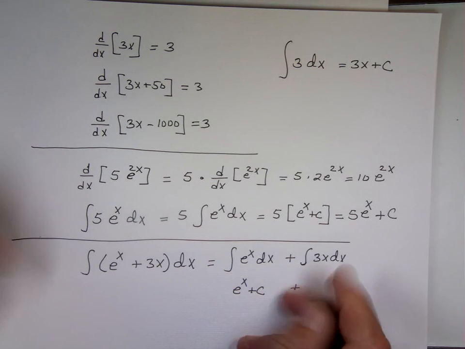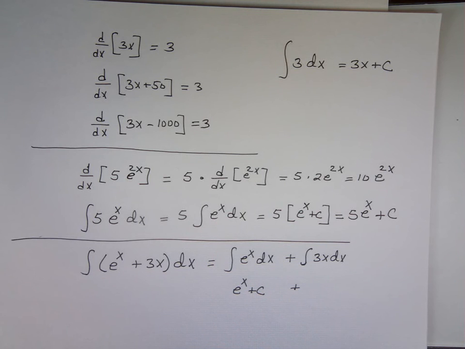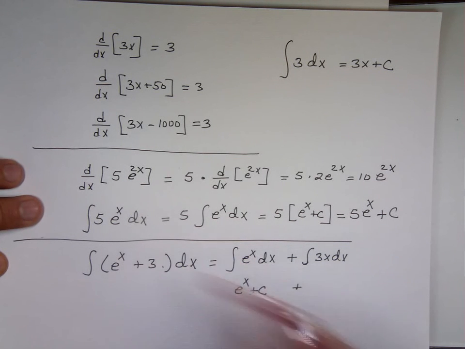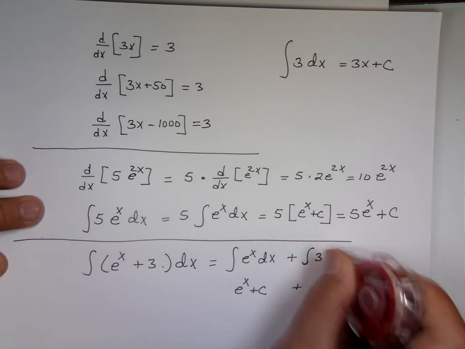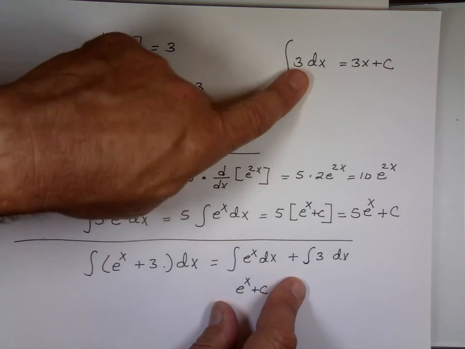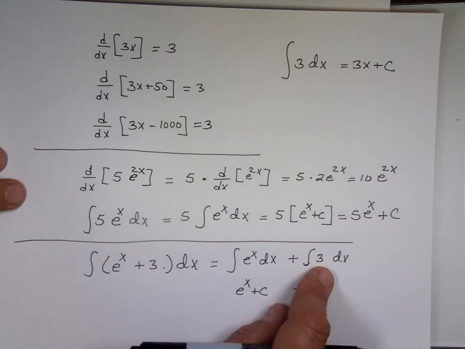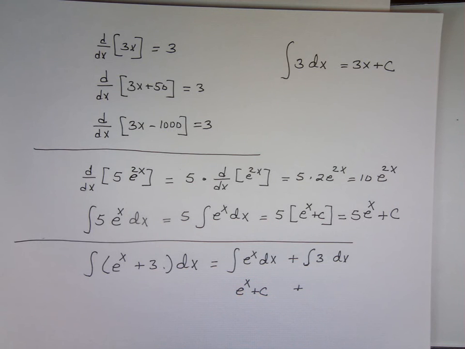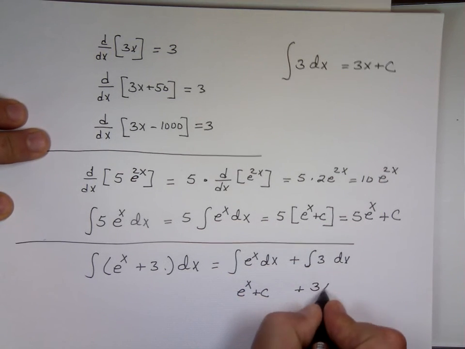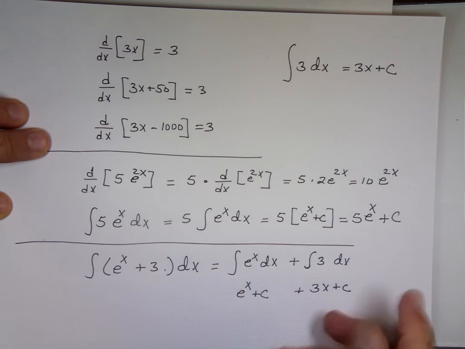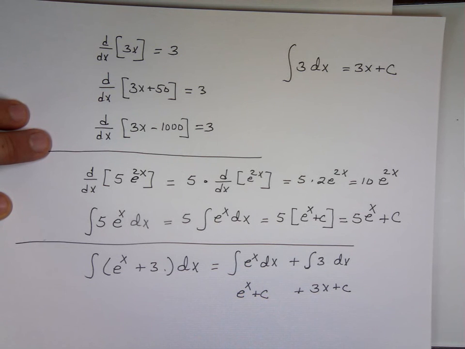I meant 3 here, not 3x, sorry. What function has a 3 for a derivative? I'm trying to use that function because we know the answer to it. 3x plus c, right? What's a constant plus a constant? Still a constant. So you don't have to write c and c again.